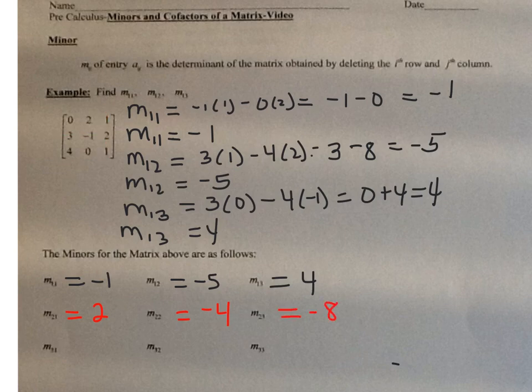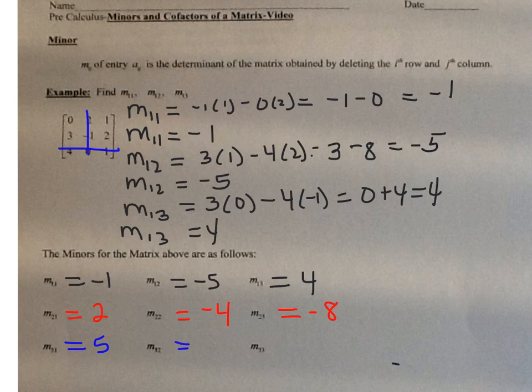Okay, so now we want to do minor 3, 1. So it's row 3, column 1. So it's 4 times 2 is 4, minus negative 1 times 1 is negative 1, and that's equal to 5, because that's 4 plus 1. Now it's row 3, column 2.